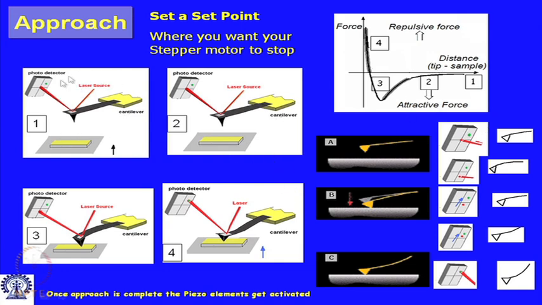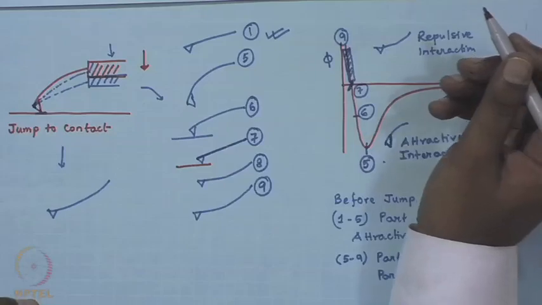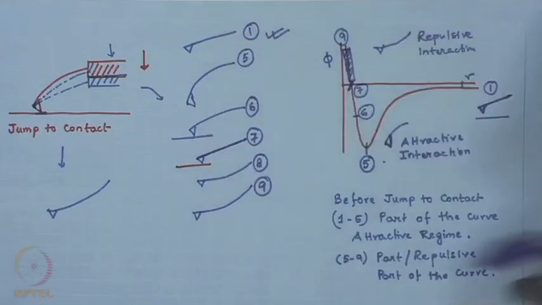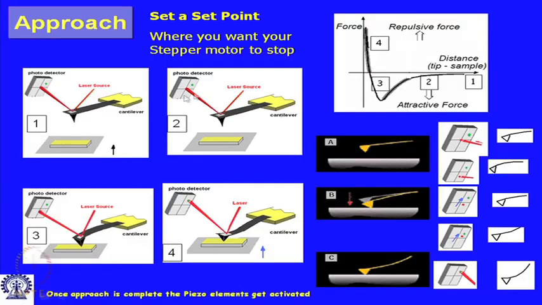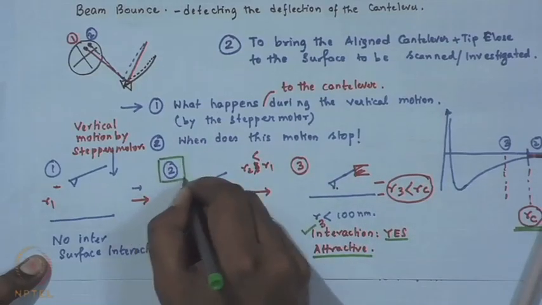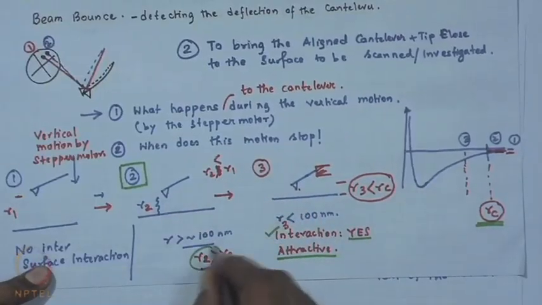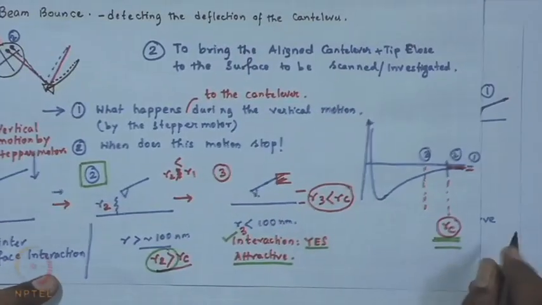This position corresponds to our location 1 over here, which we have manually drawn, where there is no deflection. Then the subsequent figure number 2 is similar to figure 2 over here, where the motion has started but there is still no deflection, because your R2 is greater than the Rc.